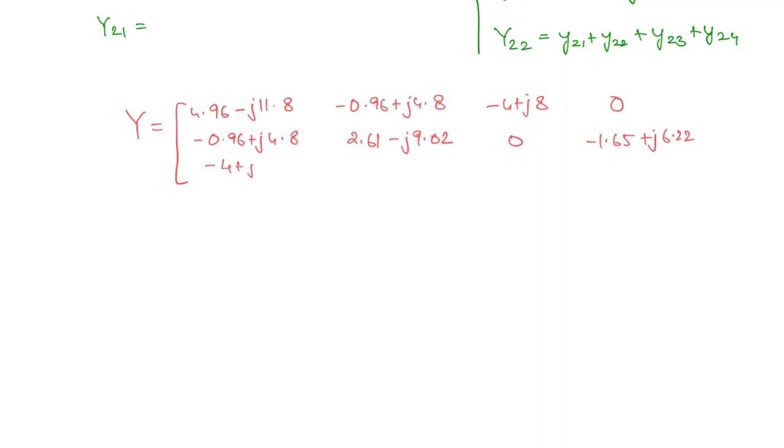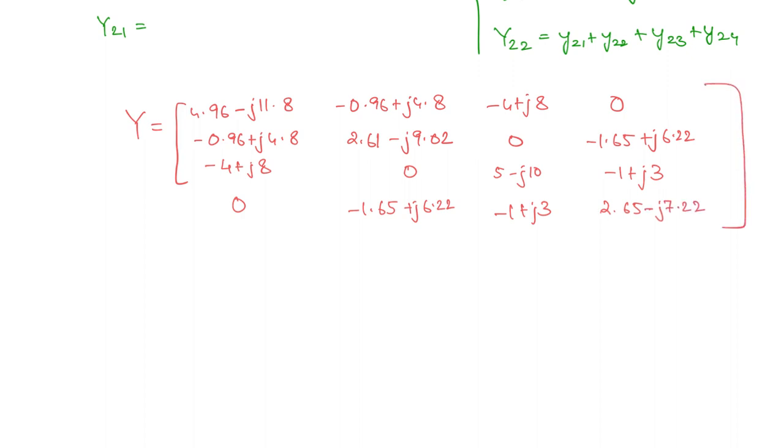Minus 4 plus j8, 0, 5 minus j10, minus 1 plus j3, 0, minus 1.65 plus j6.22, minus 1 plus j3, 2.65 minus j7.22. This is the final admittance matrix.